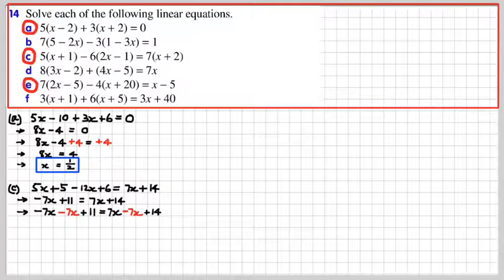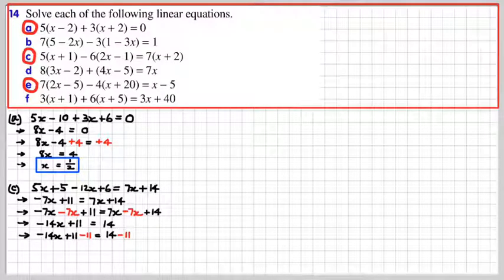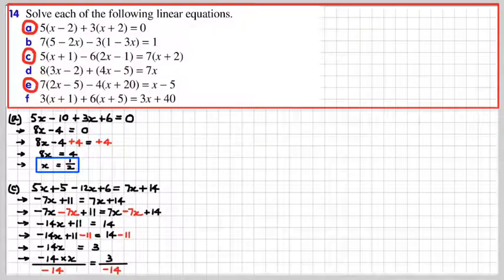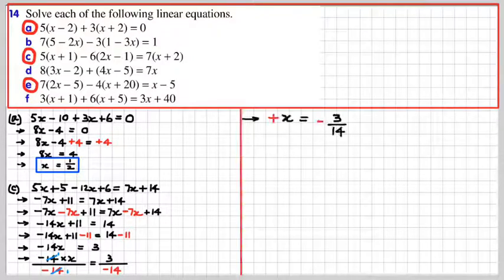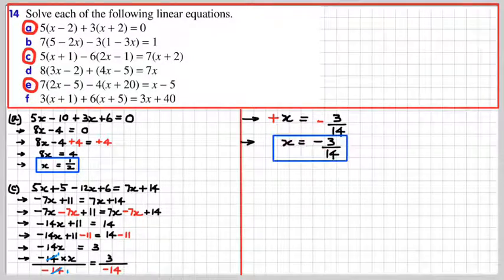And that gets us, cleaning that up, minus 14x plus 11 equals 14. Now if I subtract 11 from both sides, we'll get minus 14x will be 3. Therefore, divide both sides by minus 14 and you'll get something very strange. You'll get x is minus 3 over 14. Okay, it's not a whole number one, that one. It's a little bit more tricky. Okay, that's C for you and me.